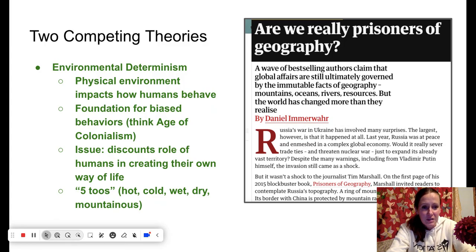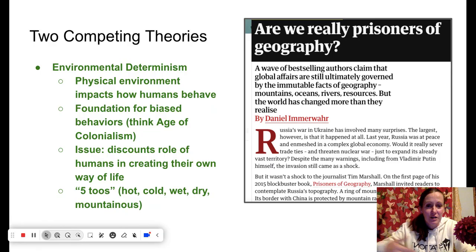The issue with this, well, there's a few issues, but one is it discounts the role of humans in creating their own way of life. Like, well, I'm born here, so this is just how my life is going to be, right? Taking out that factor of what human potential is, and what obstacles humans can overcome, and what they can do anyway. And the five twos is what often is used in environmental determinism.